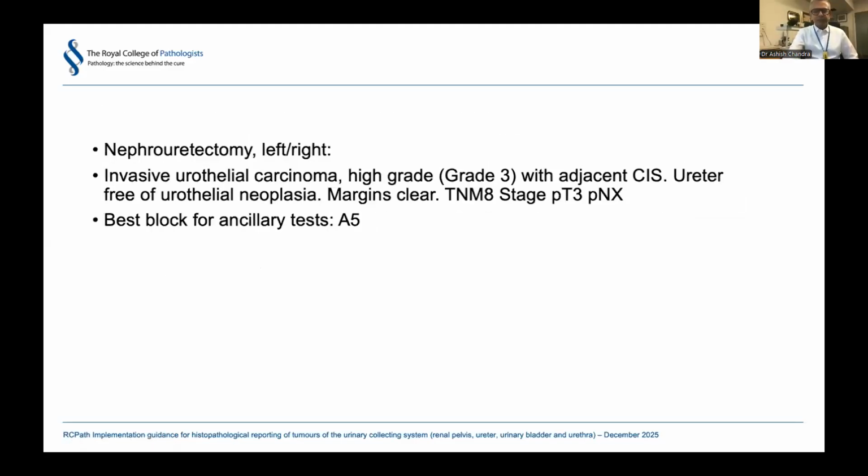And the final stage could be summarized thus. And as you will see, this is stage pT3 because the tumor was clearly invading the renal parenchyma. And at this point, just in case PD-L1 immunostain is requested at the MDM, it's a good idea to identify the best block for ancillary tests.